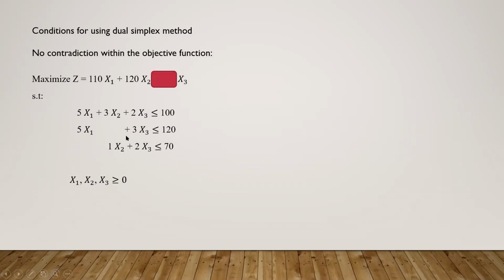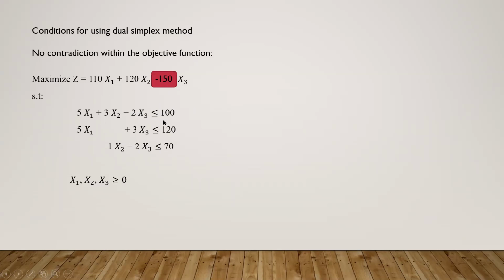So let's say we have maximization of z equals 110 and 120 x2, but we have a minimization inside it. If you have a contradiction in your objective function, where not all your goals are to be maximized, you cannot solve this using a dual, because you will see a looping inside your duality. So it cannot be done. The other thing here: if you have a maximization problem, you should have at least one of your constraints less or equal.